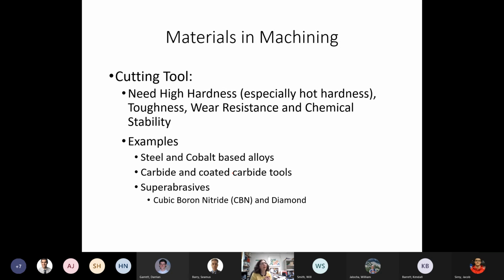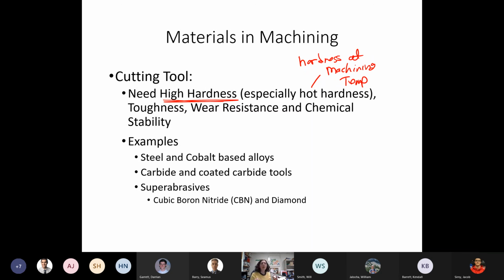Oftentimes, we might choose a material by its machinability, but often we choose a material for its mechanical properties. But for our cutting tools, we want high hardness. Now, hot hardness is the hardness at our machining temperatures.